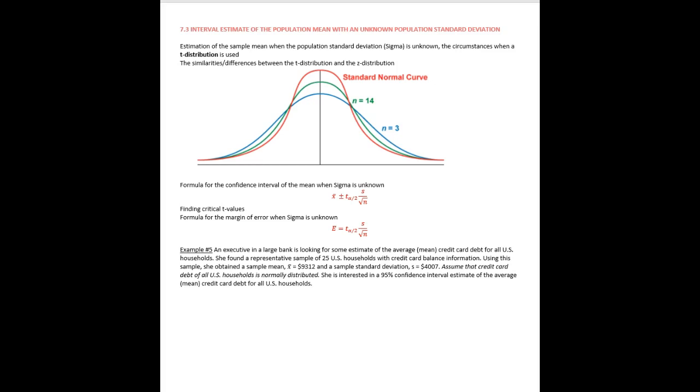The formula for the confidence interval when sigma is unknown is very similar to that of when sigma is known. The formula, as you can see on the screen, is x bar plus or minus t alpha half times s over the square root of n.